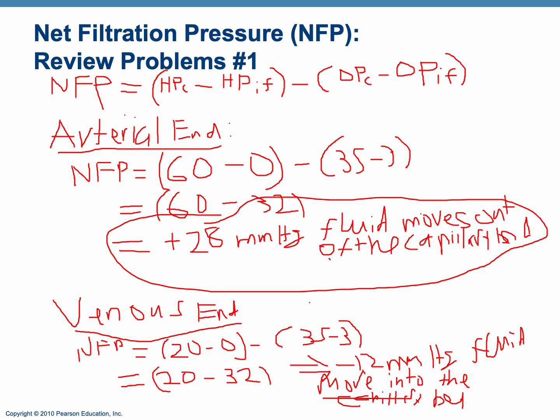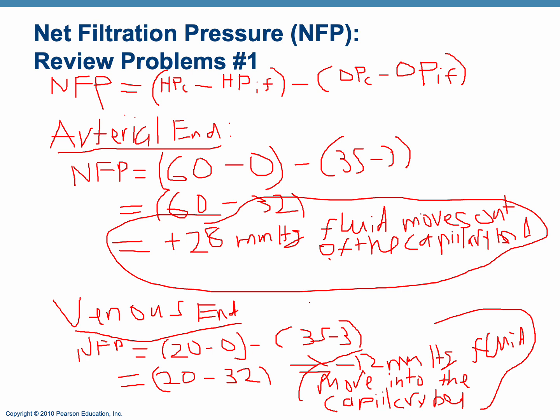And we'll fix this here. You've probably realized, oh, Chris has wonderful handwriting. All right. So, again, this is the correct answer. Negative 12 millimeters of mercury. Fluid is going to go ahead and move into the capillary bed.